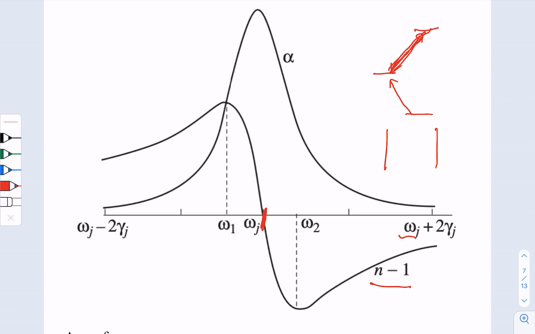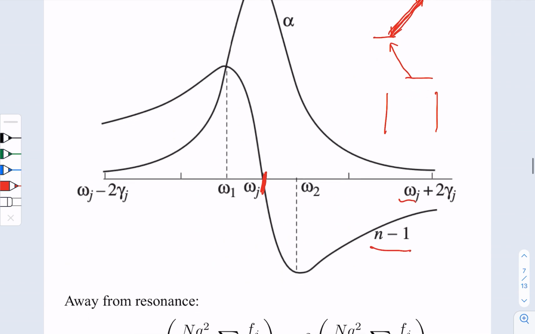But we can engineer the system such that once the light comes into the medium, it can be captured by the atom immediately because of the resonance.